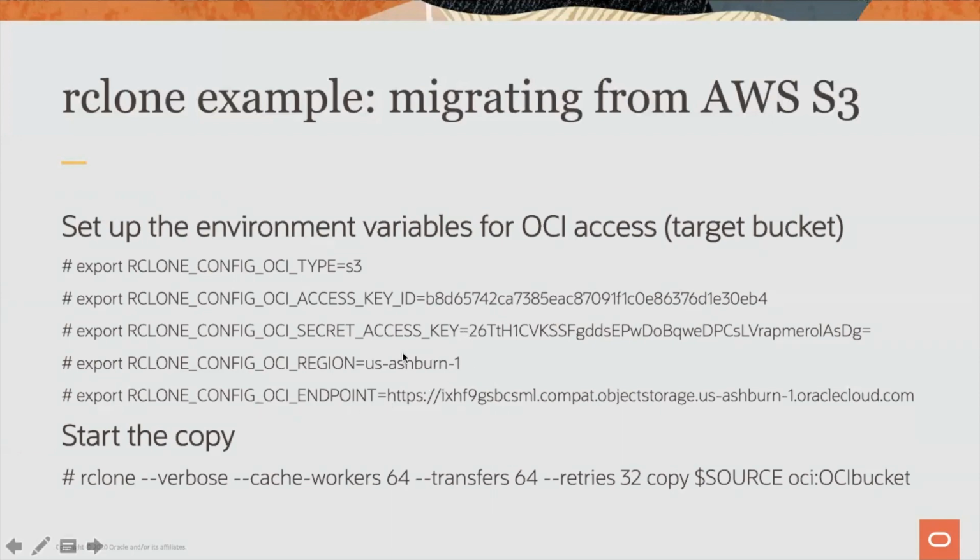You specify the OCI region, and then you specify the OCI endpoint in this format. This is fixed based on the region. So if the region is Ashburn, like in this case, the endpoint is always in this format: namespace.compat.objectstorage.region.oraclecloud.com.